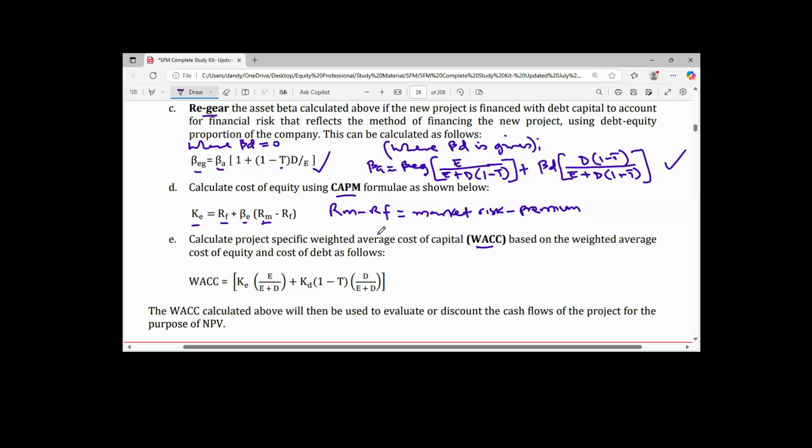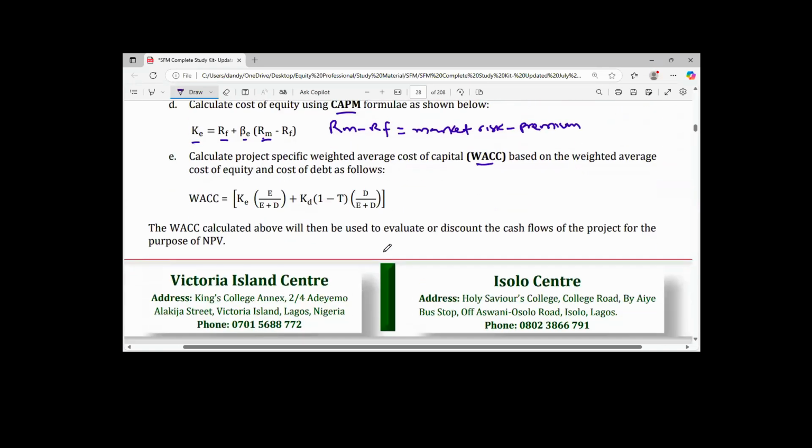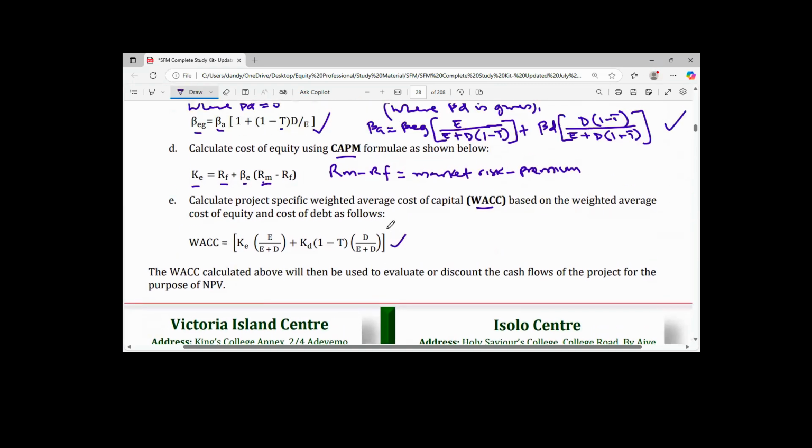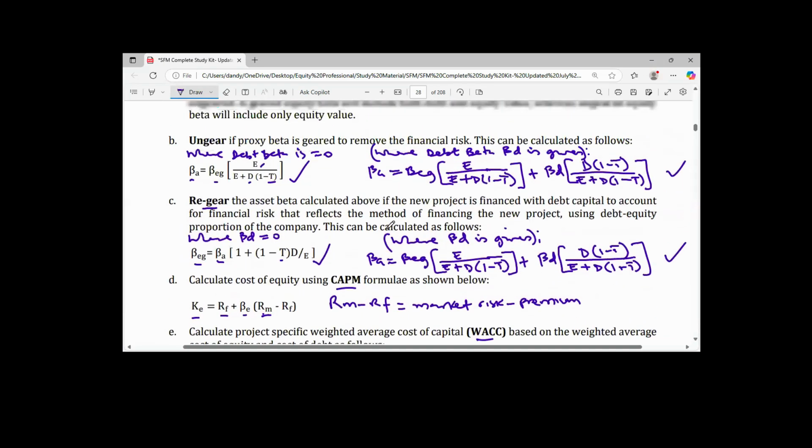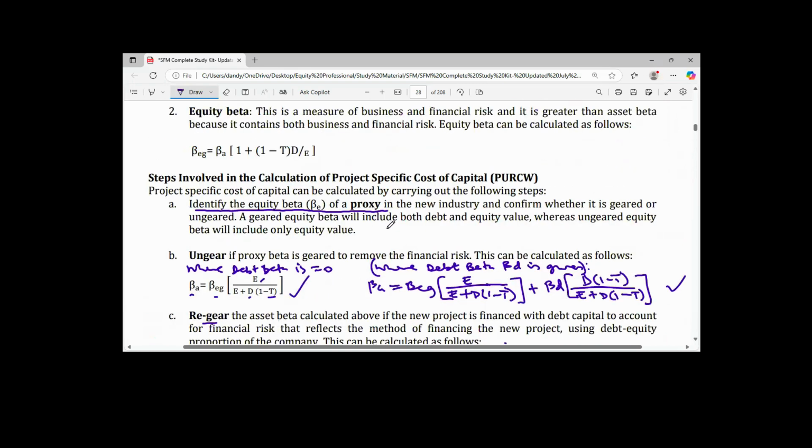Step 5 says you should calculate project-specific WACC. So the normal way you calculate your WACC, there's nothing different. It's the same thing. All right, you already know this formula. We have used it severally. Okay, so these are the procedures that you're expected to carry out whenever you want to calculate project-specific cost of capital.